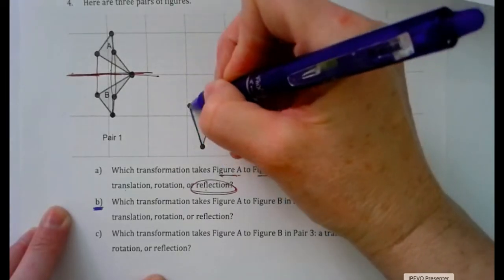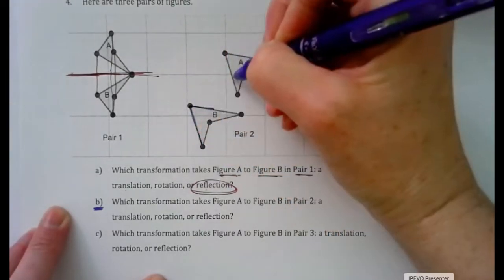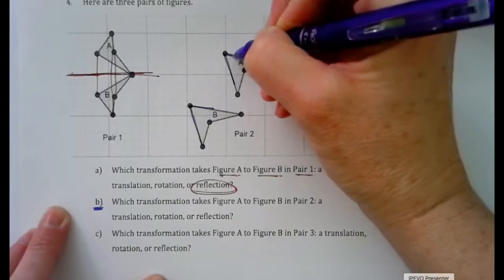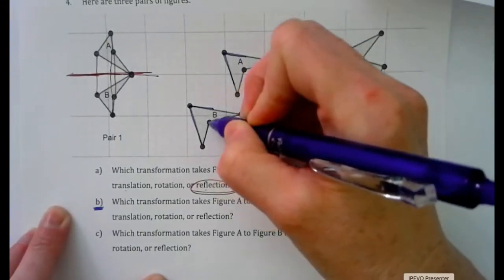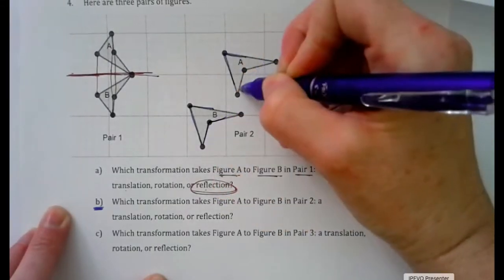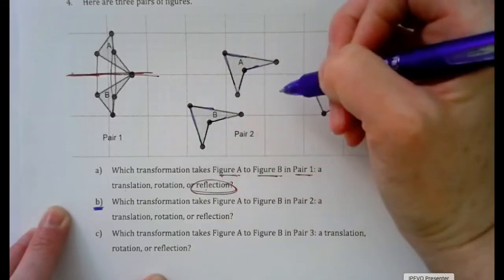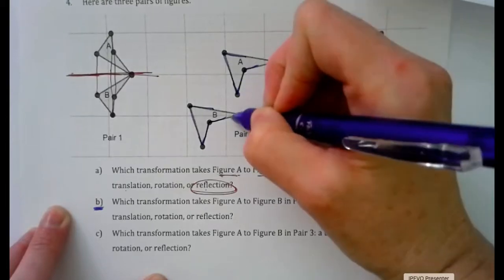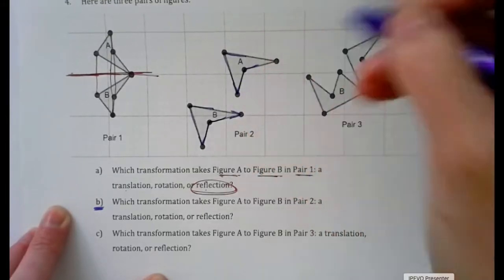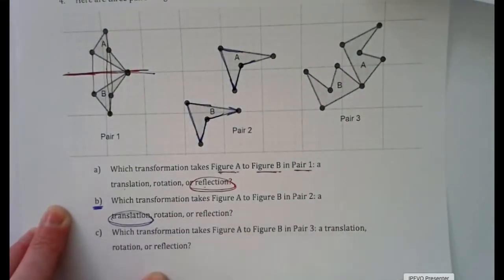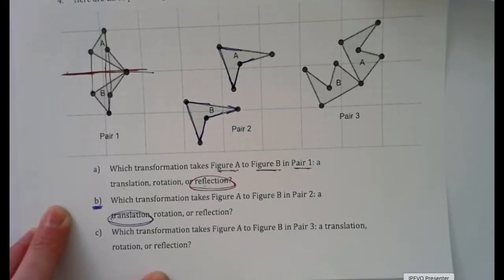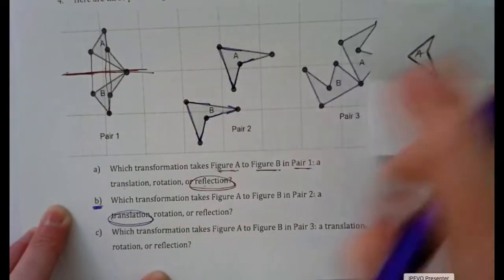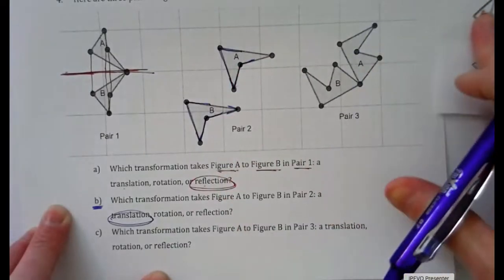This pointy side is upper left, this is upper left, this indent corner is toward the right, this indent corner is toward the right. All these corresponding vertices or angles are going in the same direction. That tells me it's a translation. And you could trace your shape and move it and see that they match up.